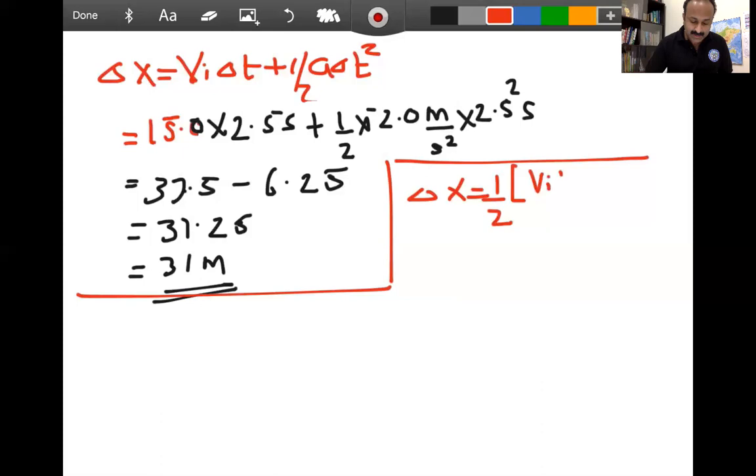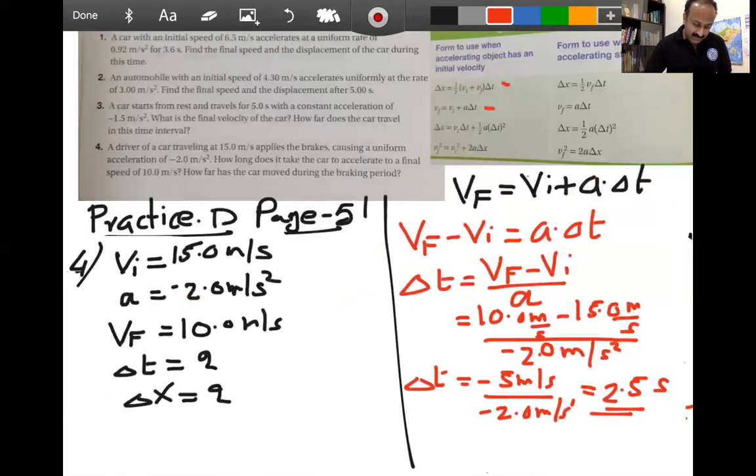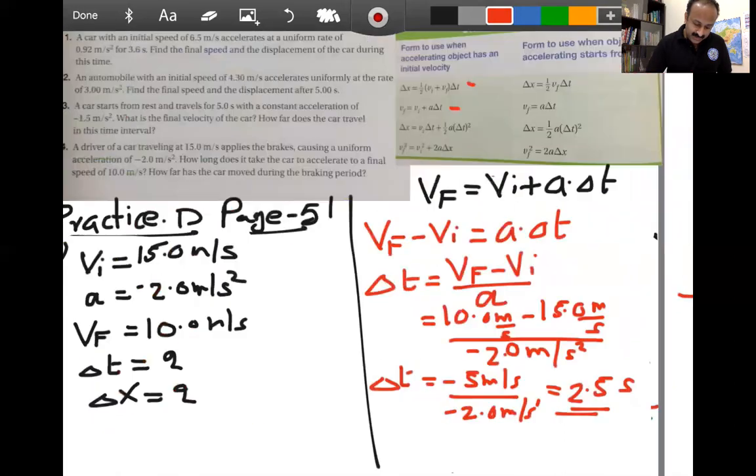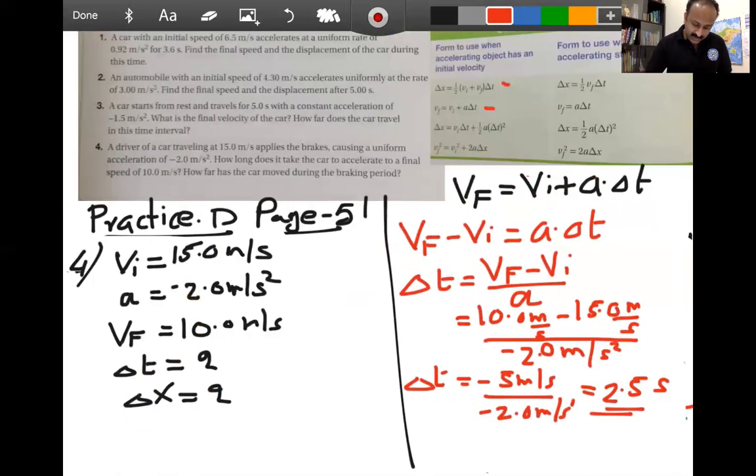And this is going to be half into, what was your Vi and Vf? Vi is 15, Vf is 10. So 15.0 plus 10.0. What was your delta t? Delta t is 2.5 seconds.